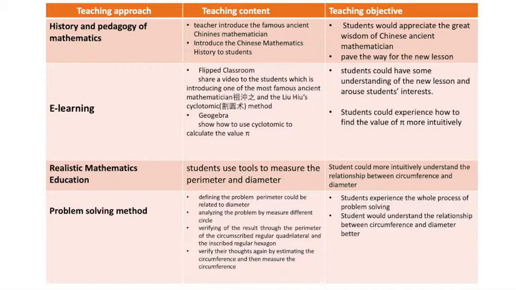After that, they verify that the ratio of the perimeter of a circle to the diameter is between 3 and 4 by the perimeter of the circumscribed regular quadrilateral and the inscribed regular hexagon. At last, they verify again by estimating the circumference. Students experience the whole process of problem solving. They would understand the relationship between perimeter and diameter better.